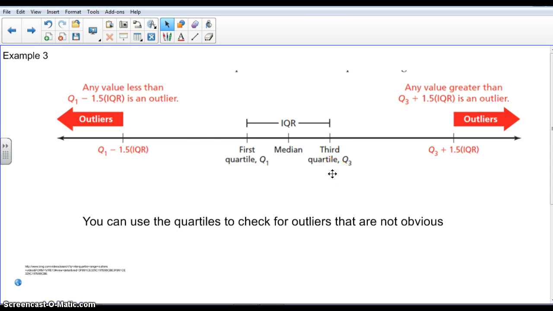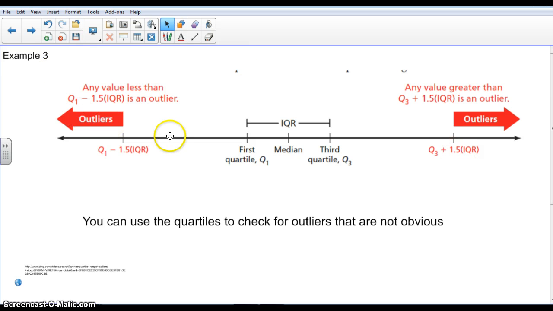So what they've done, like in the video, is take your first quartile and subtract 150%, which is the same as 1.5 times the IQR. Okay? So that's where your outlier will be. Same on this side, and that's where your outlier will be.